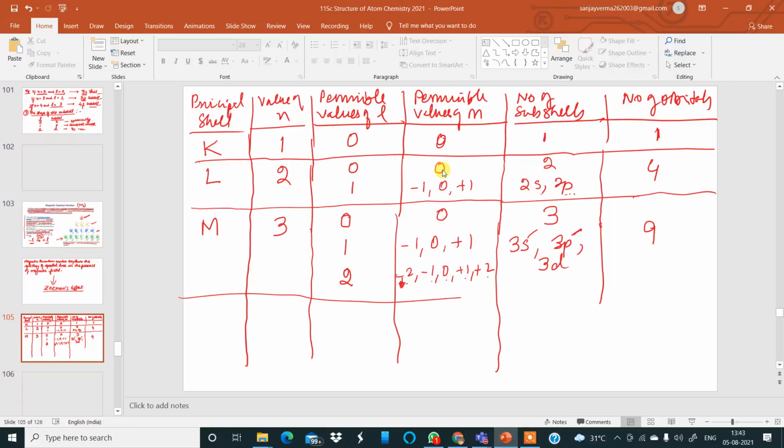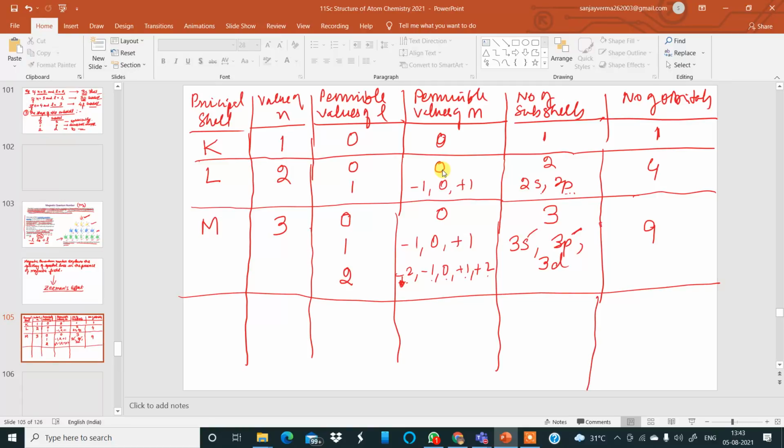Now similarly, the last one over here, the principal shell N, for which n is 4. Permissible values for L when n is equal to 4 will be 0, 1, 2, and one more, that is 3. Again similarly, for L equal to 0 we have M with one value only, 0.